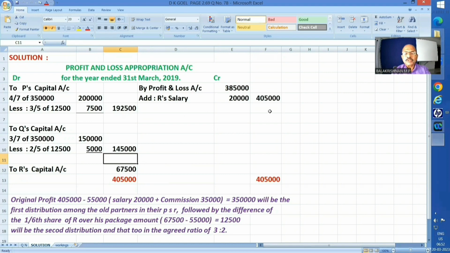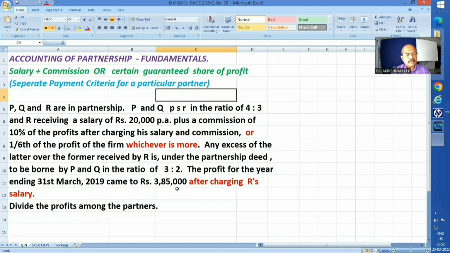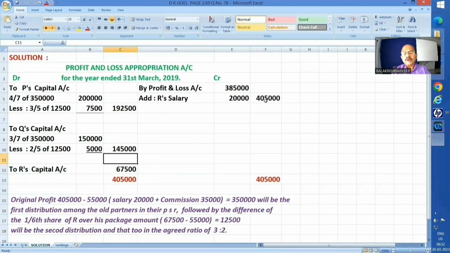So I have got the original profit. We have booked only salary. That's what they told. After charging salary it is 3,85,000. That we have added back and we have got the original profit. Original profit is what matters.